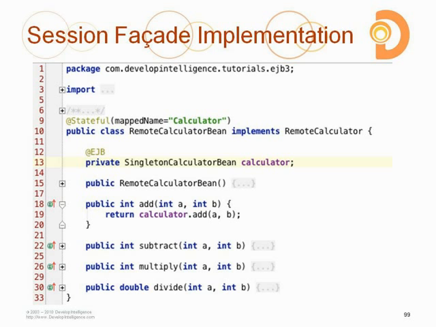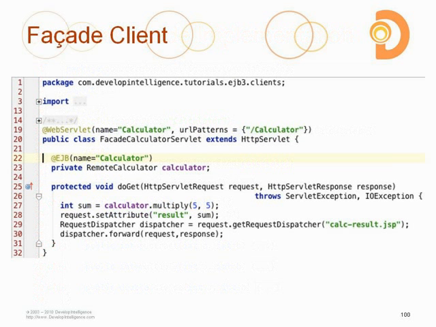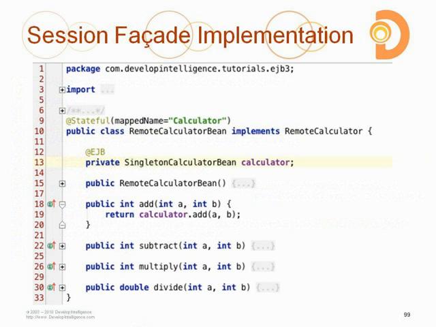Now, how do we know that we're programming to the interface and not the implementation right now? Because if I look at the code on the next page, I can't really tell whether I'm programming to the interface or the implementation. Right here, remote calculator is the interface of that bean.